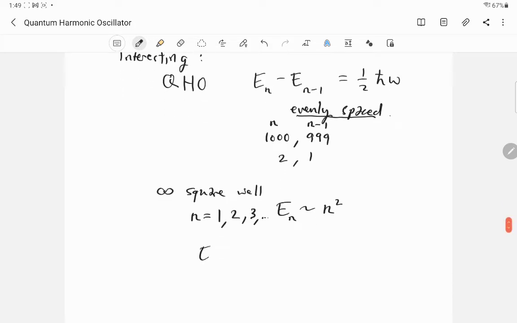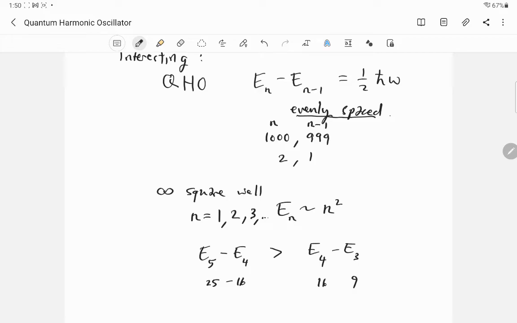That is, E sub 5 minus E sub 4 is bigger than E sub 4 minus E sub 3, for example, because 25 minus 16 is bigger than 16 minus 9. 16 minus 9 is 7, and 25 minus 16 is 9.